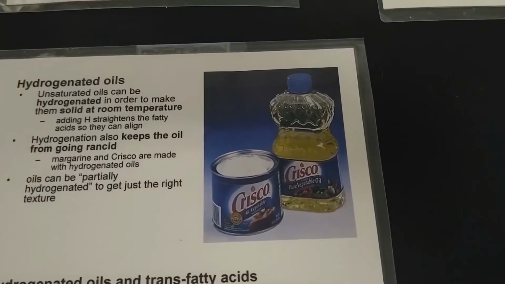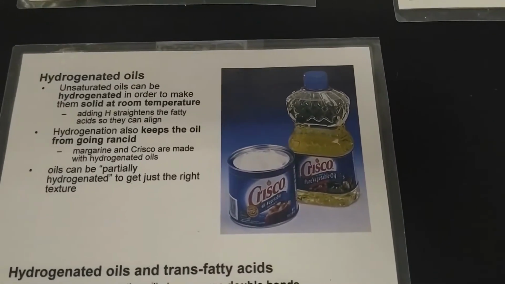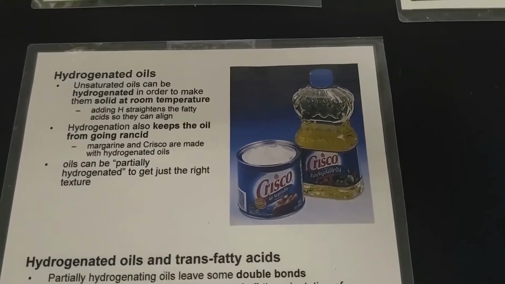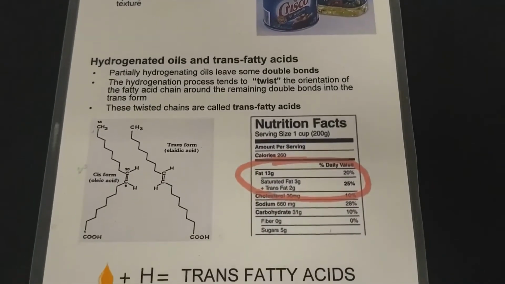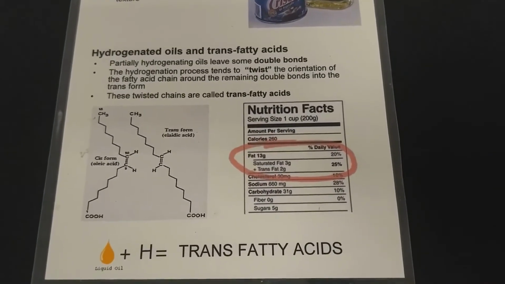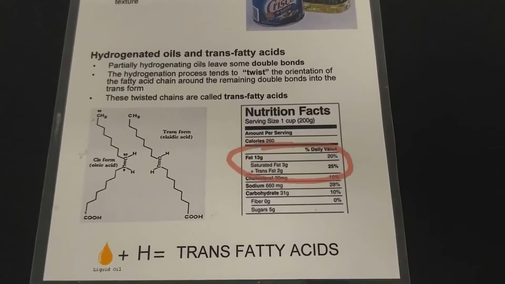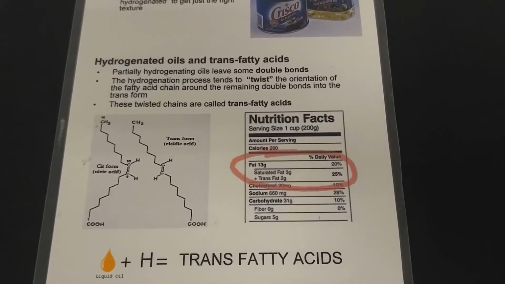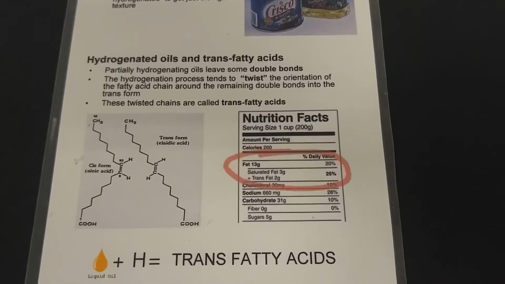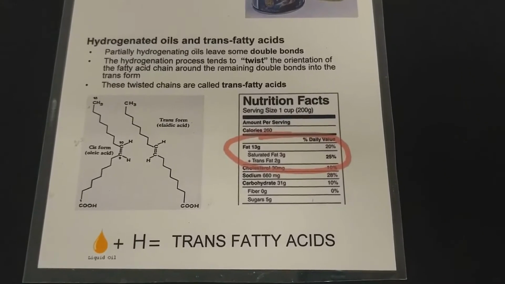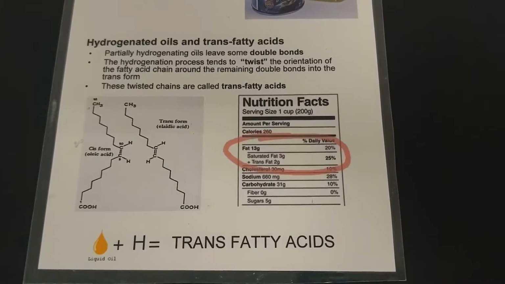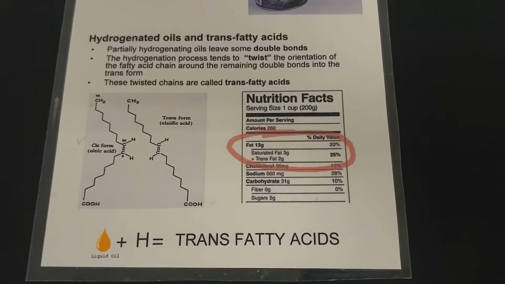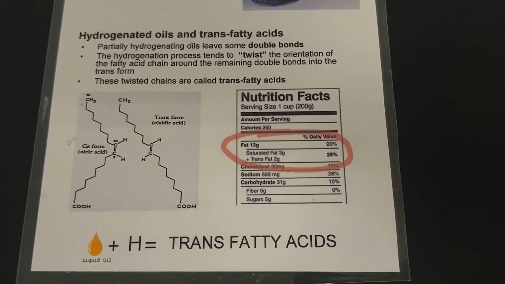So instead of a liquid like Crisco oil, you can have shortening instead. But there is quite a problem with that. As you know, trans fatty acids are not good for you, and there's been a big push to remove those from foods as they are very difficult for us to digest.